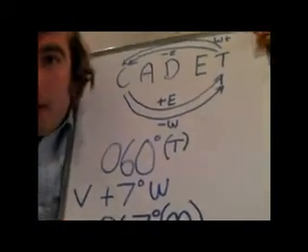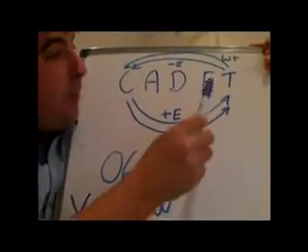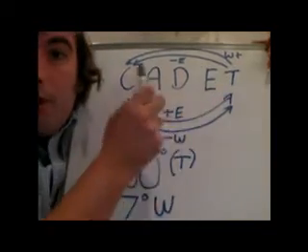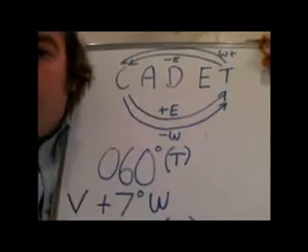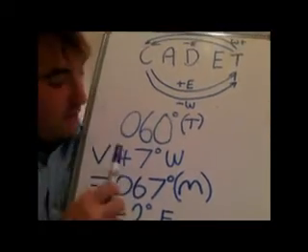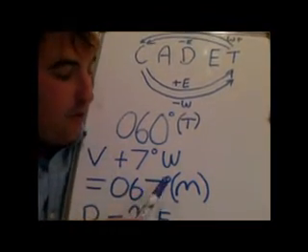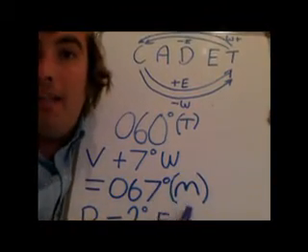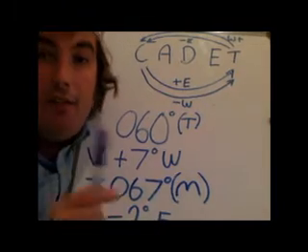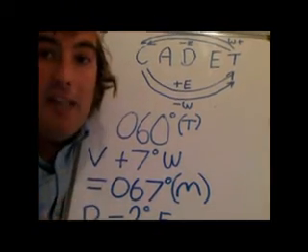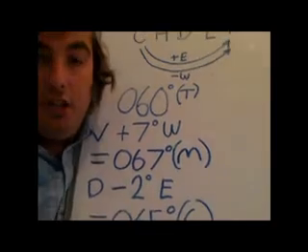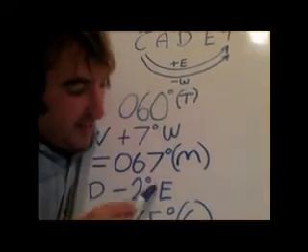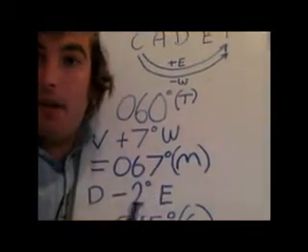So back up to our Cadet, and we're going true to compass. With the west, we're going to plus the west. That'll give us 067 degrees, and that's what we call a magnetic bearing. That's different from a compass bearing because we've not applied our deviation yet. Moving on to deviation, it is 2 degrees east.